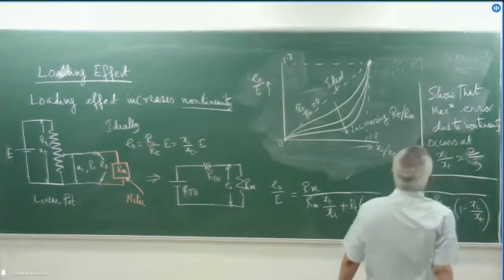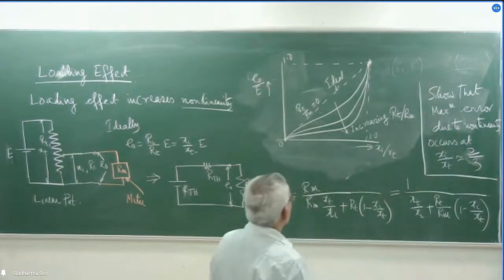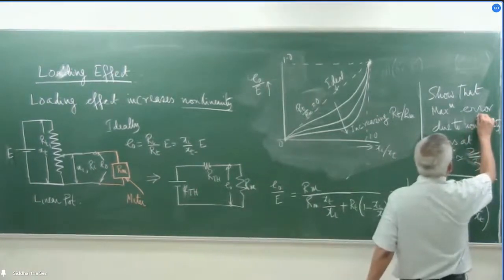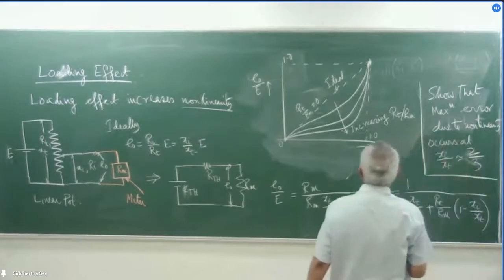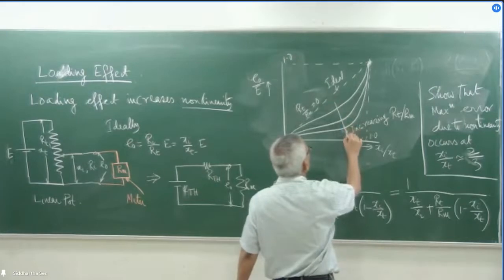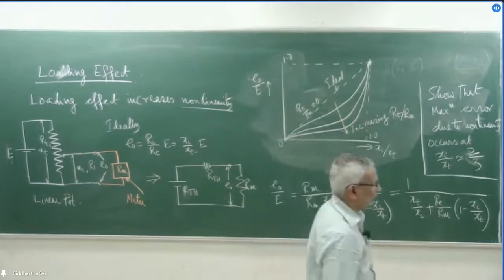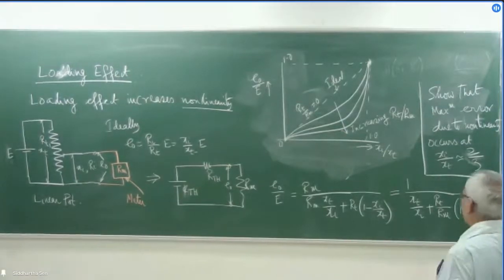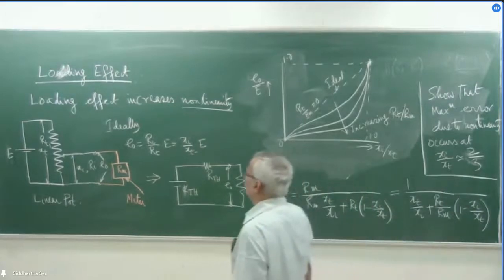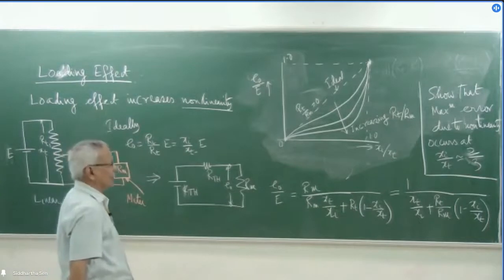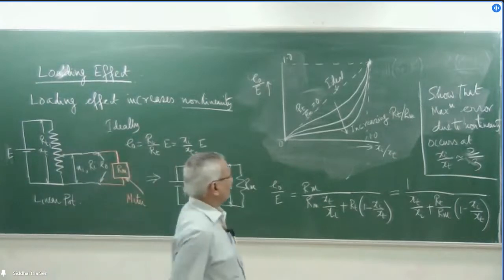So, show that the maximum error due to nonlinearity occurs when Xi by Xt is approximately, you can see the error is increasing, and it is approximately at this point that the error is maximum, like this. Okay. Up to this we are confining ourselves to the loading effect, and we have seen that this is a potentiometer example.